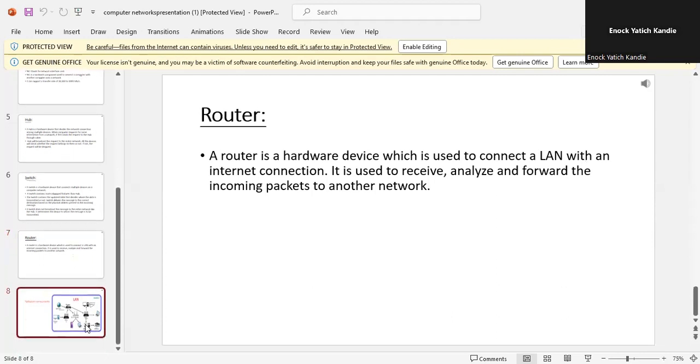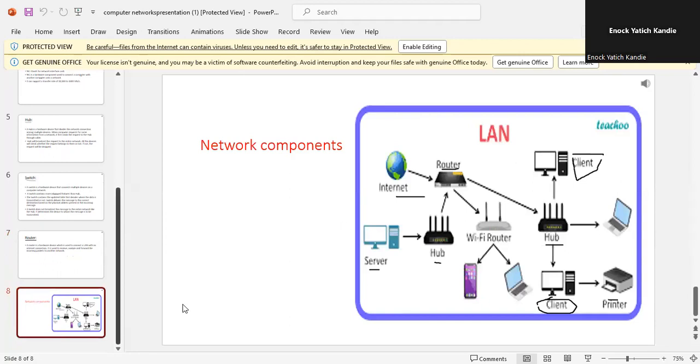Here with me, I have an overview of several components of a network. I want you at your own time to look at that image. We have some which we've not looked at, but due to the interest of time, we shall discuss more during our next lesson.